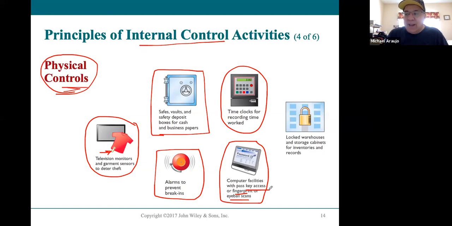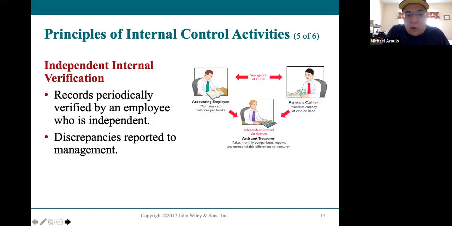Other businesses might have it so that when you go up to a drawer to help a customer, you've got to put your code in. And that's how they monitor who's using the cash register at that time. But they're doing all different types of things. And of course, warehouses and storage cabinets for inventories are kind of locked up. It's all part of control.